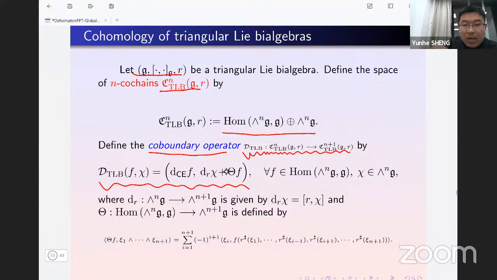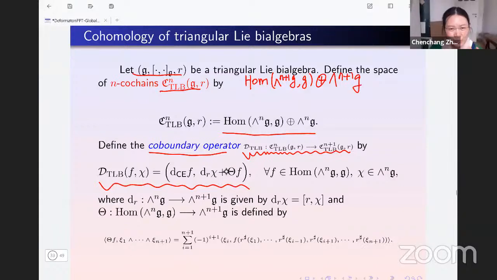So I would like to give more explanation. Here, let me write down the space of n+1 cochains. It consists of Hom(wedge^{n+1} G, G) and wedge^{n+1} G. The correspondence between R-matrices and Rota-Baxter operators, right?